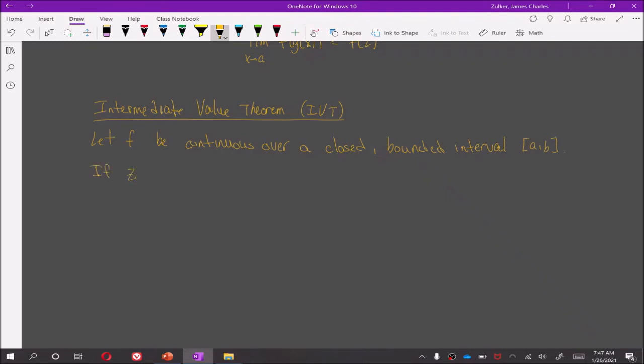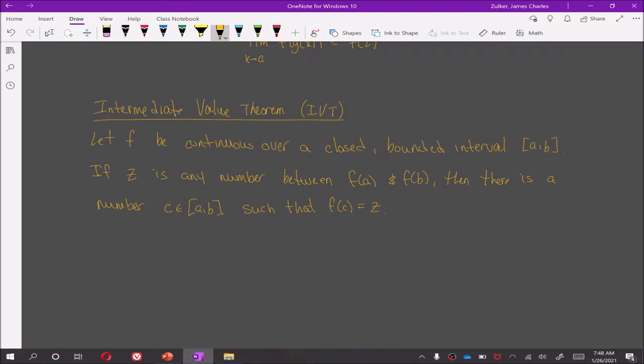If Z is any number that is between f of A and f of B, then there is a number C located in the closed interval [A, B] such that f of C is equal to Z.